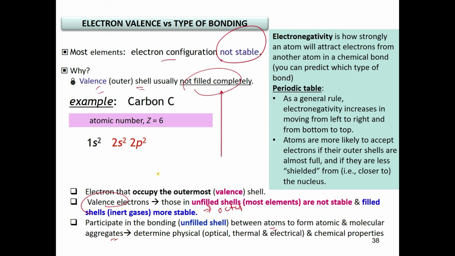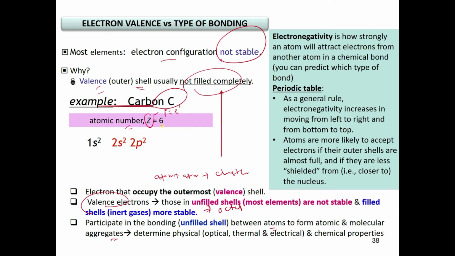Previously, I mentioned that we have atoms, right? So when this atom joins another atom to form a molecule, it is going to form clusters of atoms or molecules, and later on grow to become aggregates that form bulk material. For example, here we have a carbon atom. From the periodic table, the carbon atom has atomic number Z. Z is the number of protons as well as the number of electrons for a neutral atom, right?